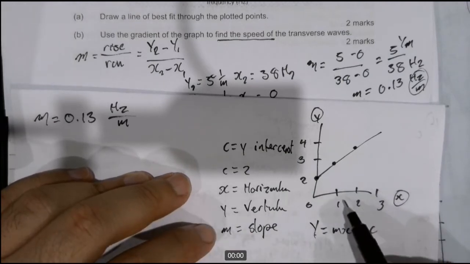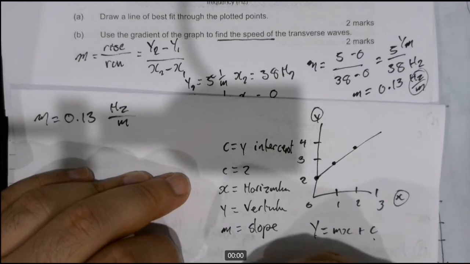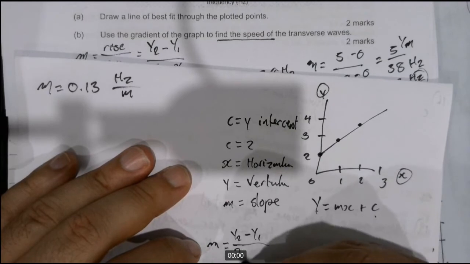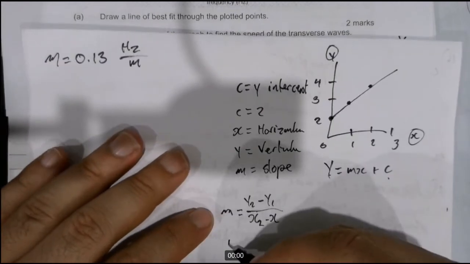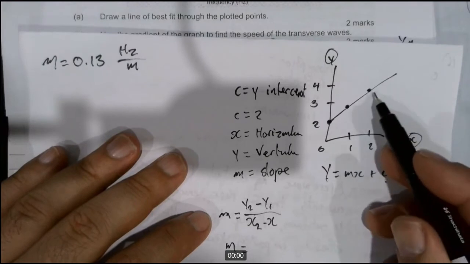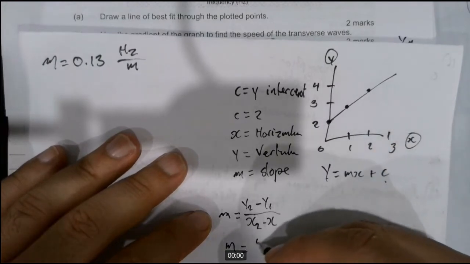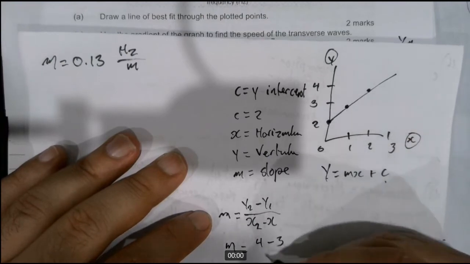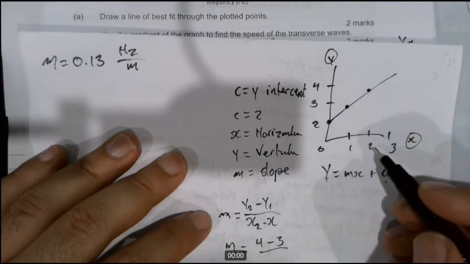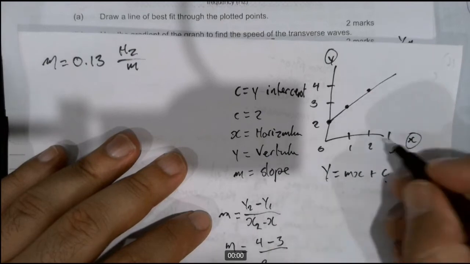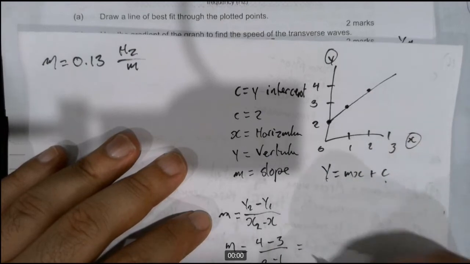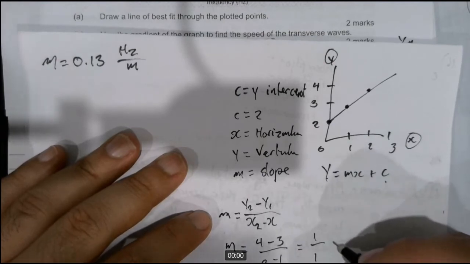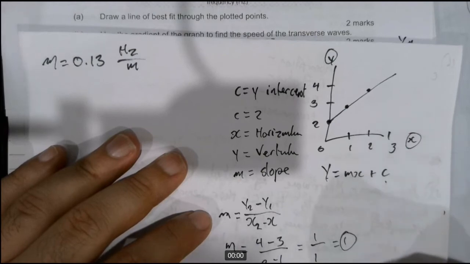We can find the slope of this one using our expression before, y2 minus y1 over x2 minus x1, right? So we're going to say our y2 is 4, our y1 is 3, our x2 is 2 and our x1 is 1. That gives us 1. So we got a slope of 1. So m is equal to 1.